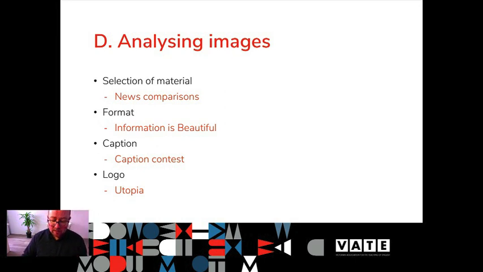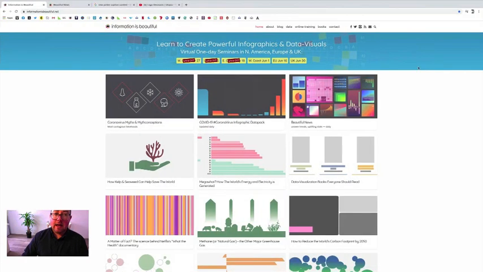So let's look at a site called Information is Beautiful, which is a site that makes use of a range of infographics. So if you go to Information is Beautiful, you can have a look here at the presentation of a range of different concepts and data and work with young people around one or two of these infographics to think about what information is being selected, what information is being presented, and how.